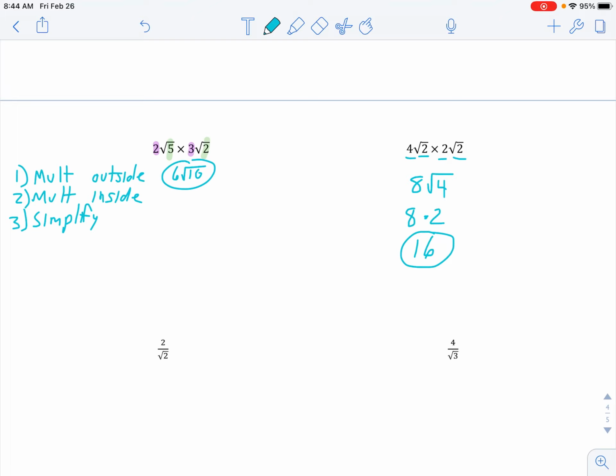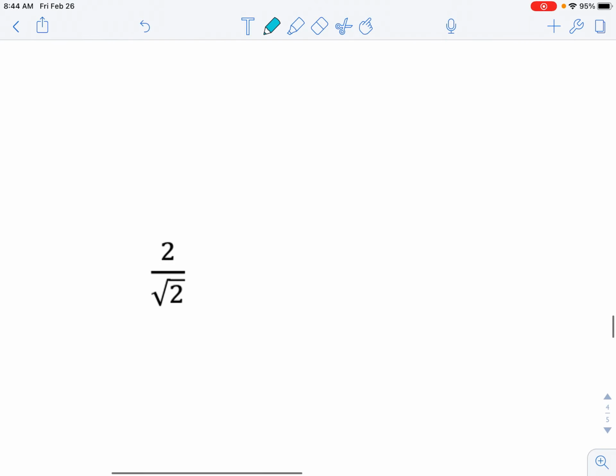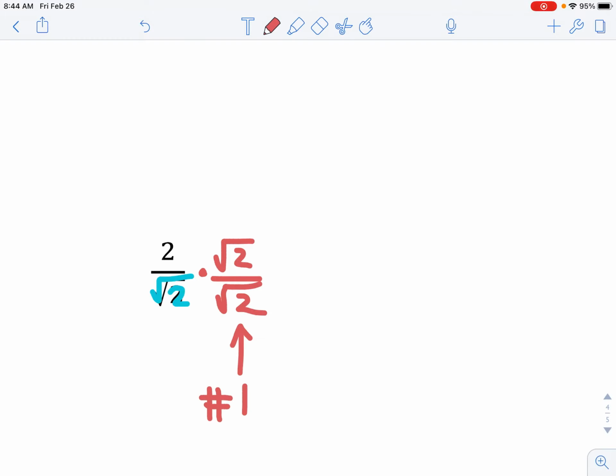And then rationalizing the denominator. All we got to do here is you just pick what's in the denominator. We consider this more simplified in math for reasons. Remember this is the number 1. This simplifies to 1. So in math we don't like radicals in the denominator.